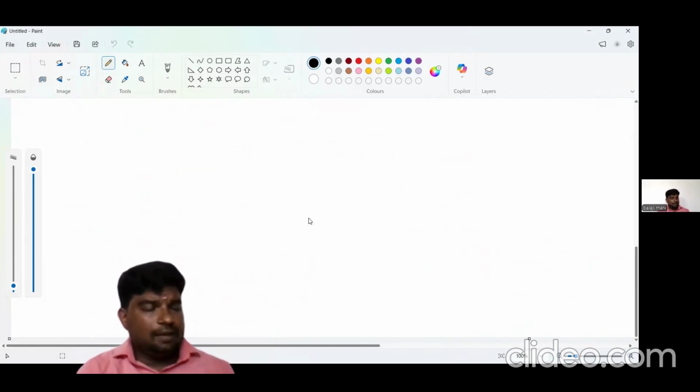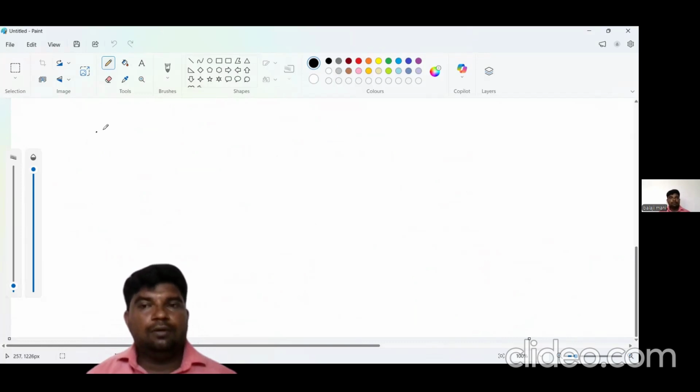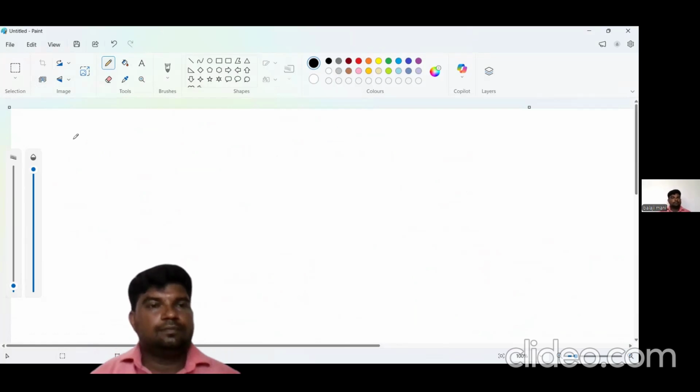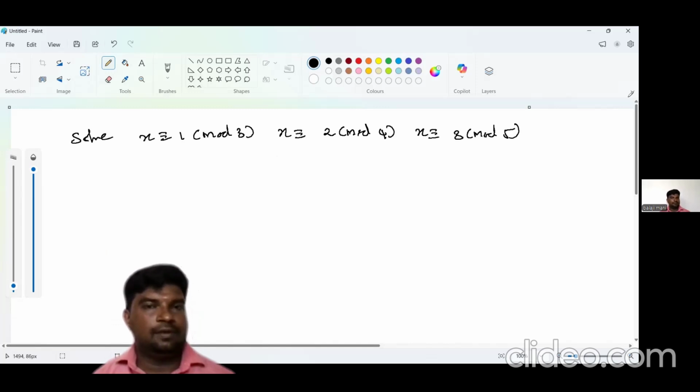Next, we can see problems based on the system of linear congruences using the Chinese remainder theorem. Solve x ≡ 1 mod 3, x ≡ 2 mod 4, x ≡ 3 mod 5 using the Chinese remainder theorem.